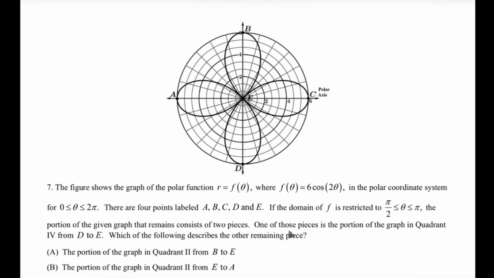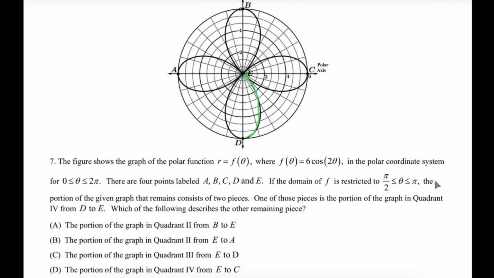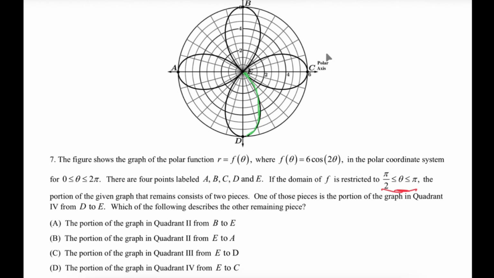One of those pieces is the portion of the graph in quadrant 4 from D to E. So I'm going to trace that. D to E, so it's that part right there. Which of the following describes the other remaining piece? So with our domain restriction here, let's draw our rectangular graph, so we can find out what is happening during this restriction.